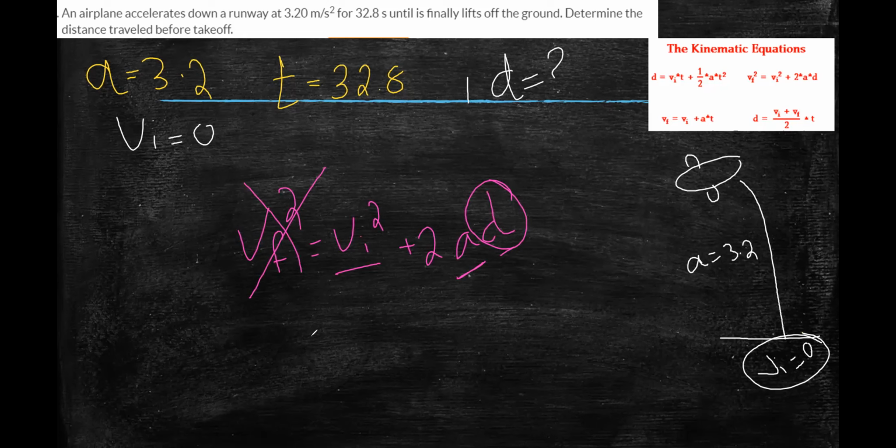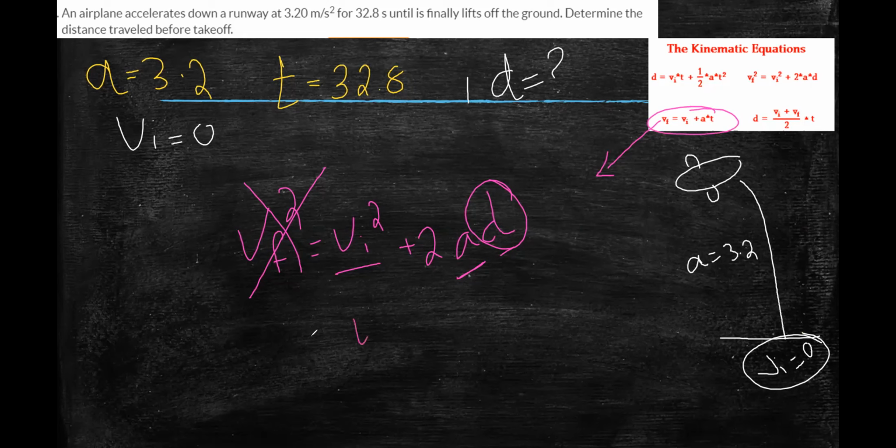No. But isn't there an equation that says V final is equal to V initial plus the time multiplied by the acceleration? This one here? The third one, you mean? Yes, V final equals V initial plus AT.